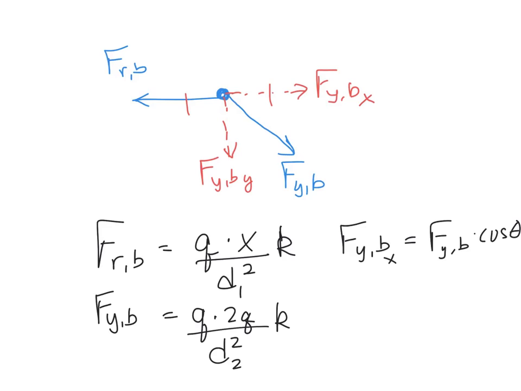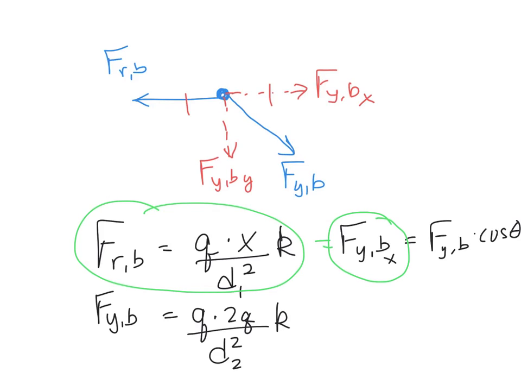So if red on blue, that's this guy right here, let me circle it, is equal to this, and that is equal to this, then I'm going to do a lot of substitutions now, okay?